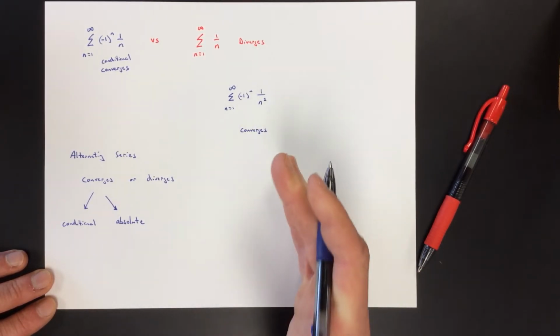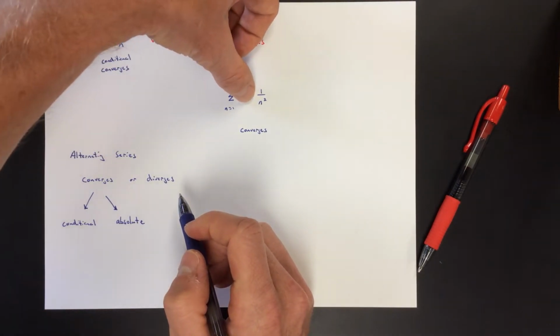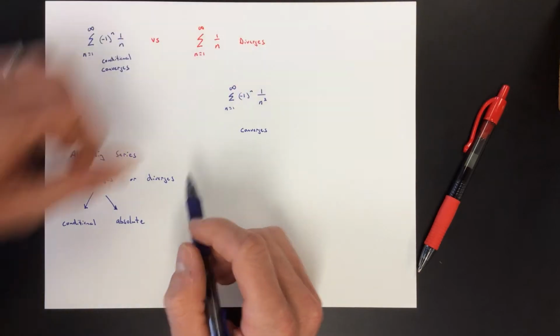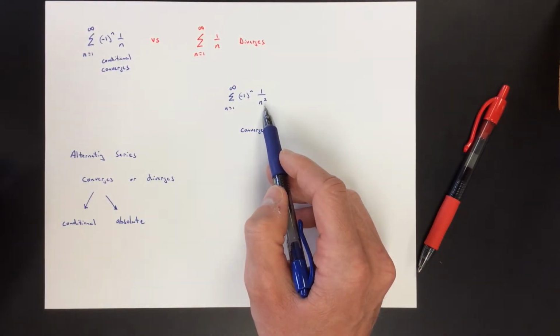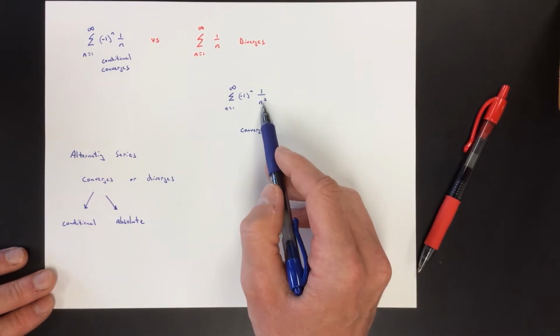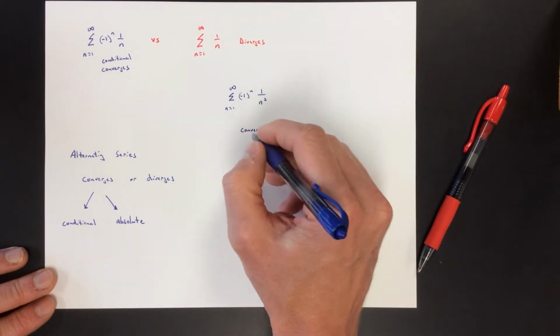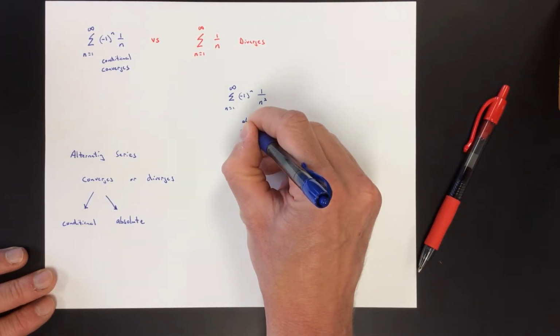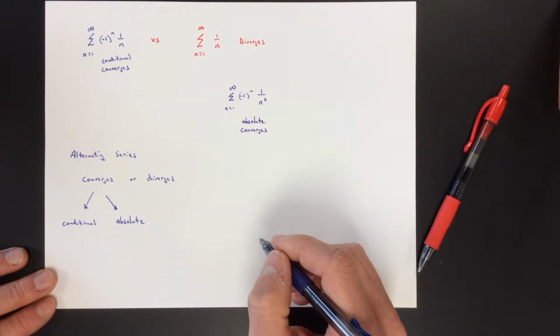Does it have absolute convergence or conditional convergence? If you were to take away the fact that the series was alternating, does the remaining series 1 over n squared converge all on its own, regardless of whether it was alternating or not? Yes, 1 over n squared converges, so the alternating version absolutely converges.